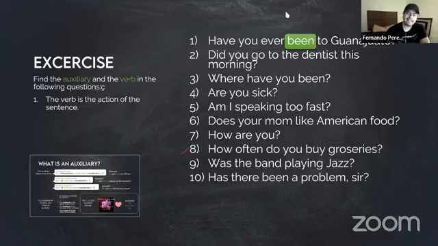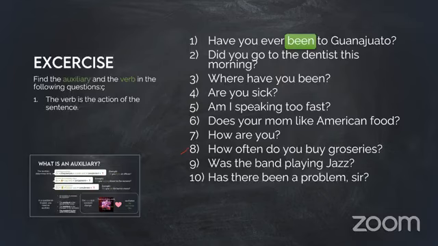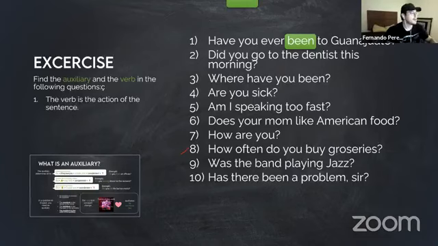Then what is the auxiliary to been? Have. That is totally correct. Very good.